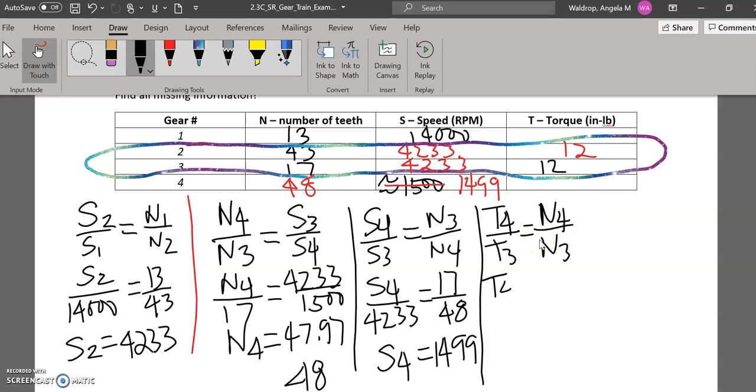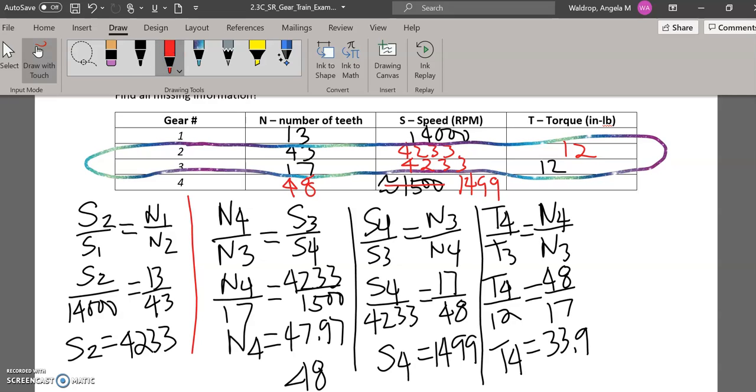I'll fill in the information that I have, T4, because I'm looking for that, but there's T3, which is 12. And then I have 48 over 17, and my T4 ends up being 33.9. You always want to take torque to 1 or 2 decimal places. Okay, and then I'll go ahead and I'll write that down in my chart.